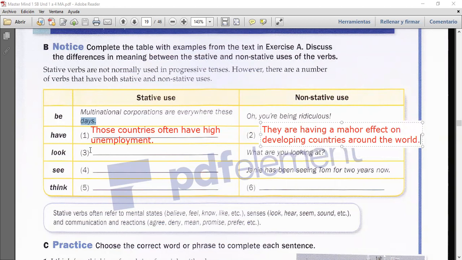Number 3. It looks as if multinational corporations are here to stay. Mariana was talking.